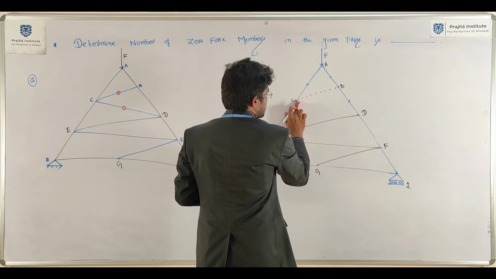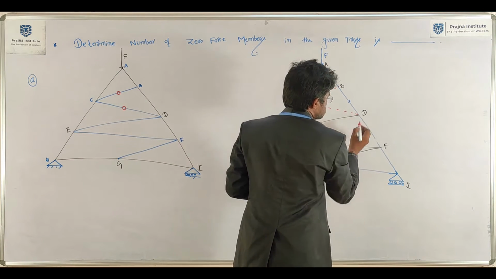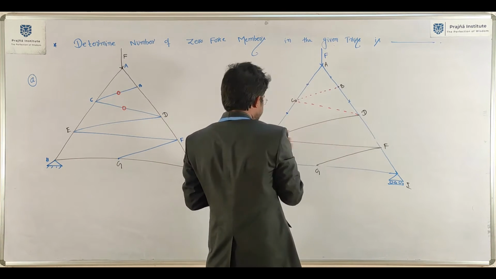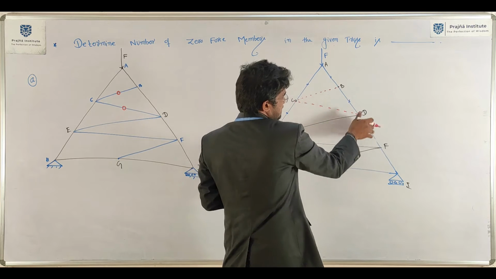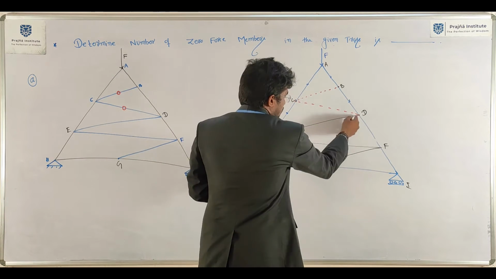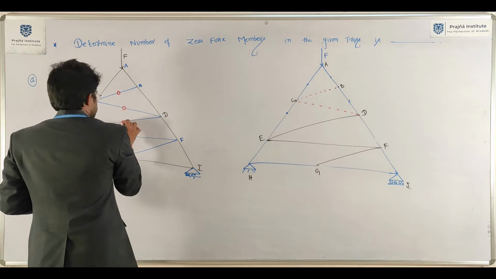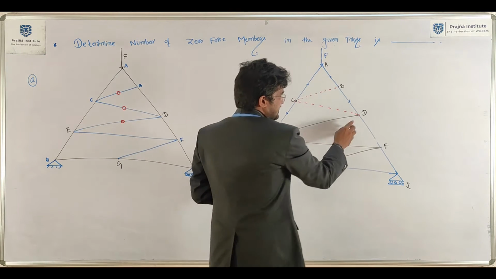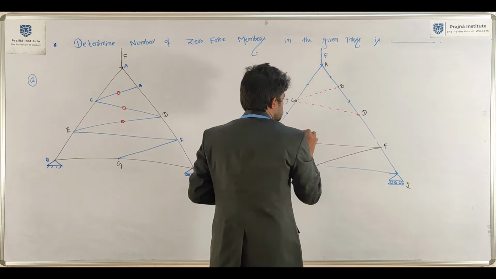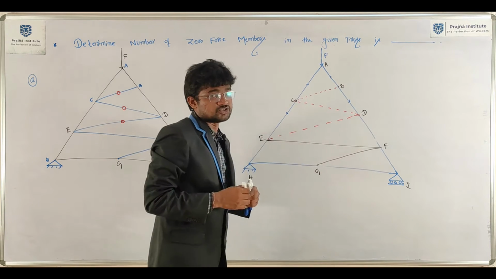Just rub this. Force in this member equals 0. And BD, DF, DA: three members are meeting here, no load acting at the joint, then force in the non-collinear member is 0. This question was given in GATE actually. Force in this particular member equals 0.